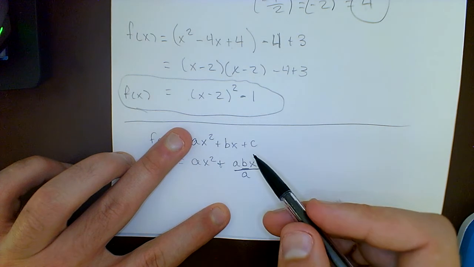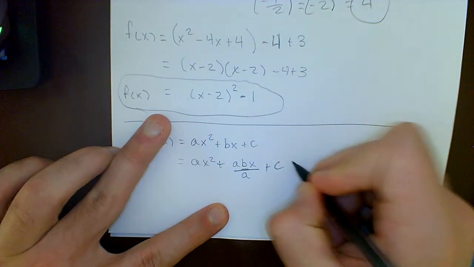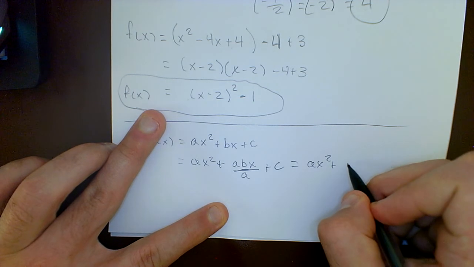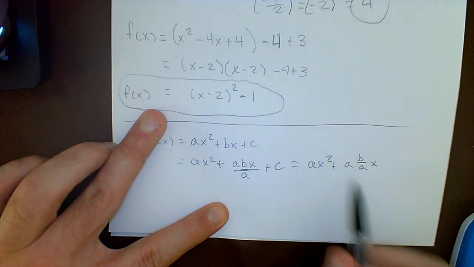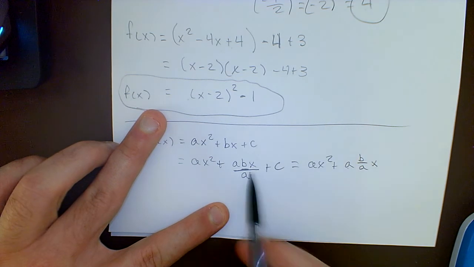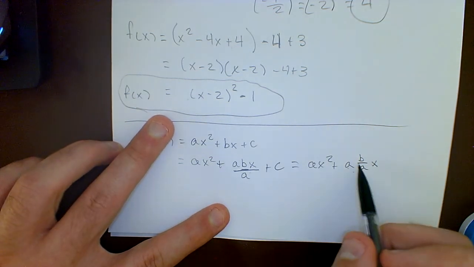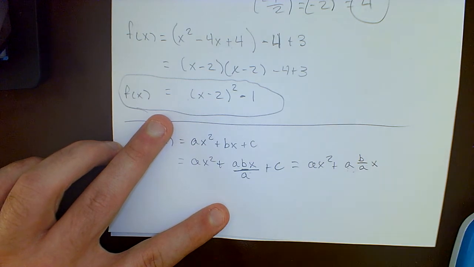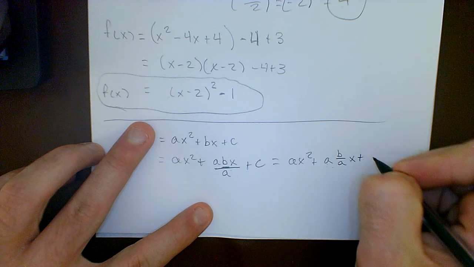This fraction can also be written as a times b over a times x, because this is a over 1 and this is x over 1, and it's just multiplying fractions. These two things are the same. If you want to multiply fractions, you multiply all the numerators together, a, b, and x, and all the denominators, 1, a, and 1.